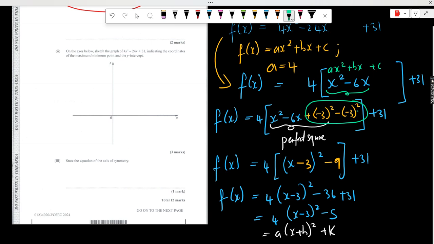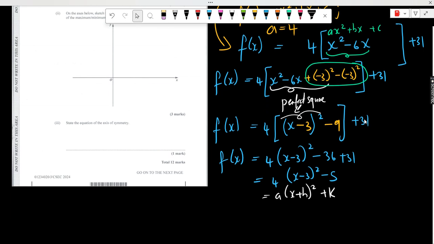Now, these first three terms that I highlighted with the white curly brackets form what is called the perfect square, which of course is this right here. That is x minus 3 all squared. And of course, we have the minus 9 outside. We then expanded the brackets, or multiplied through by the 4 outside.